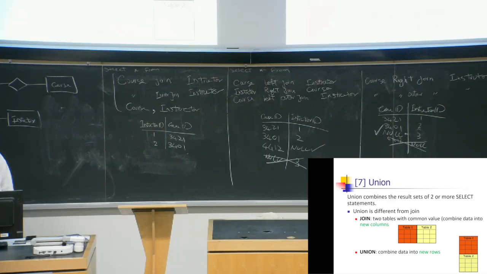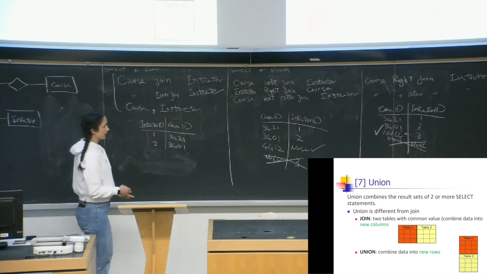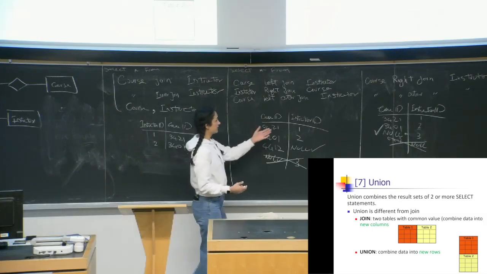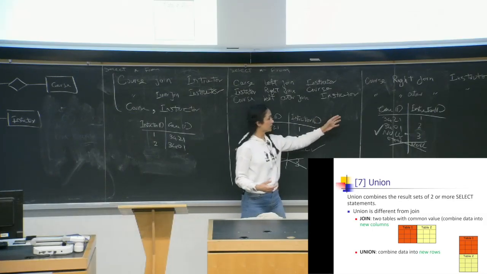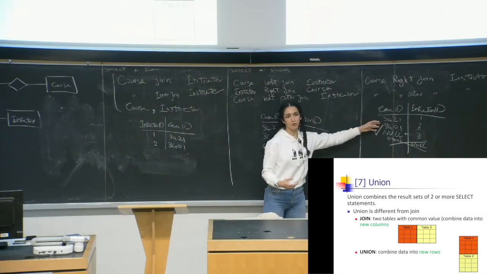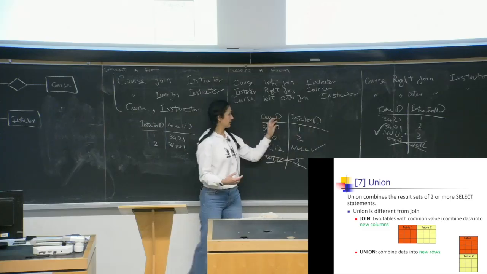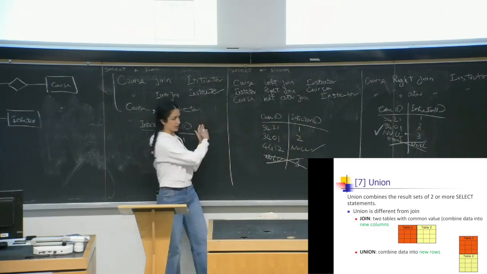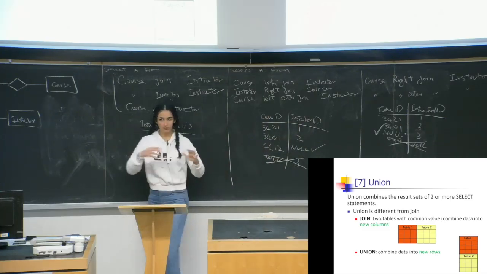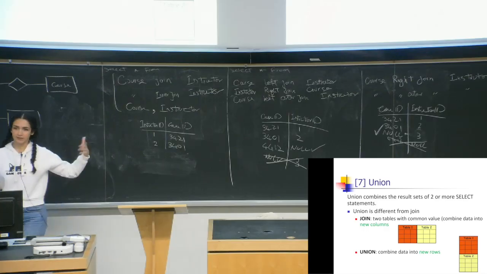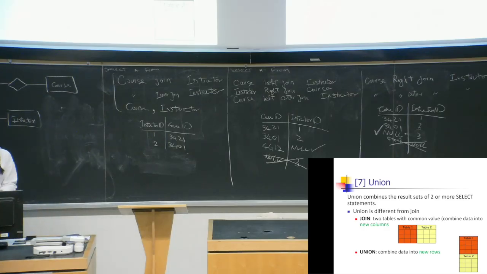So two tables with common values, combining data into new columns, right? This is what is happening when we join tables. So for example, I may get instructor name, instructor address, phone, everything from the instructor table and everything from the course table. So this can be very wide table if I want to select everything in join.